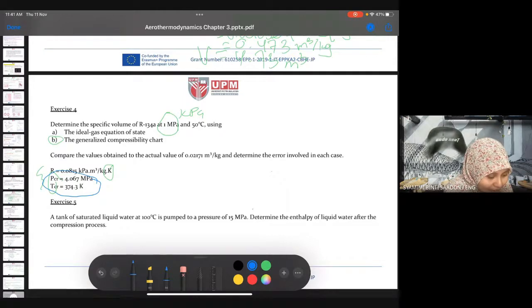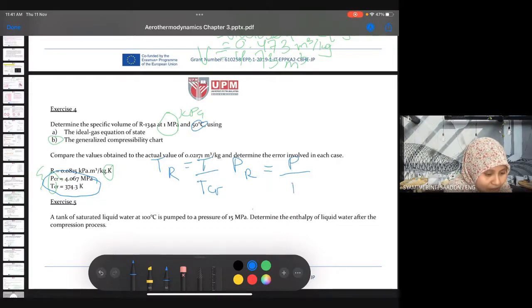Okay, so we calculate TR and PR just now, the reduced pressure and reduced temperature, because we want to use the compressibility factor Z. So TR is 50 degrees Celsius over TCR, and PR is 1 megapascal over PCR.